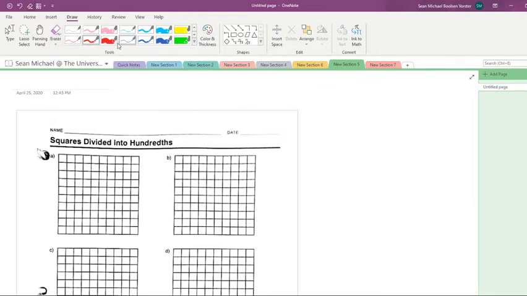Anyways, continuing on here, let me grab the bigger marker. We talked about yesterday that we can look at this in this way, and we can compare tenths and 100ths.